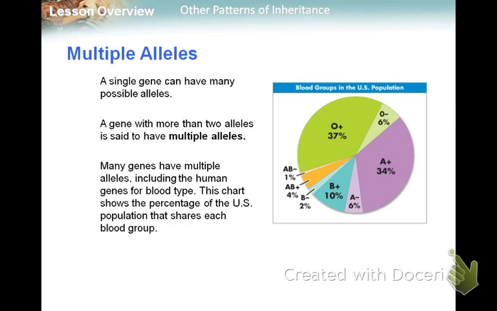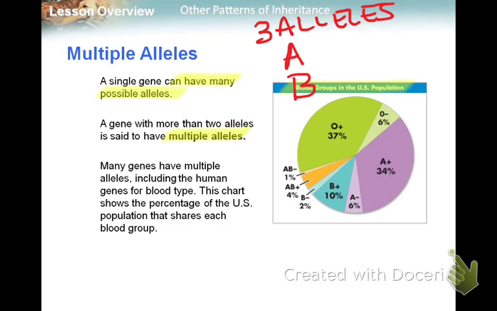Multiple alleles is a situation like blood type in humans. In the case of human blood type, there are 3 different alleles. Instead of just 2, we have 3 different alleles. We have the A form of the allele, the B form of the allele, and the O form of the allele.